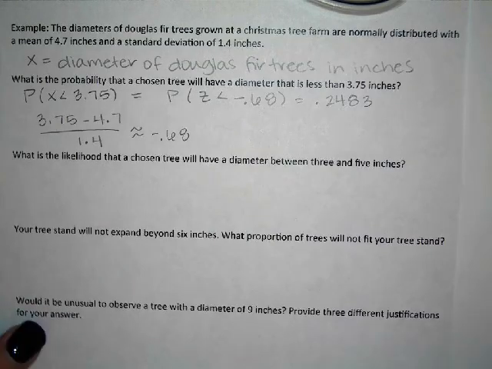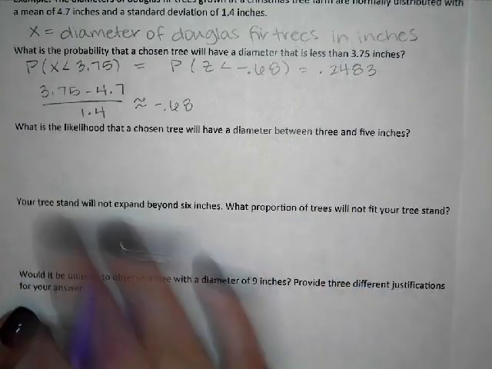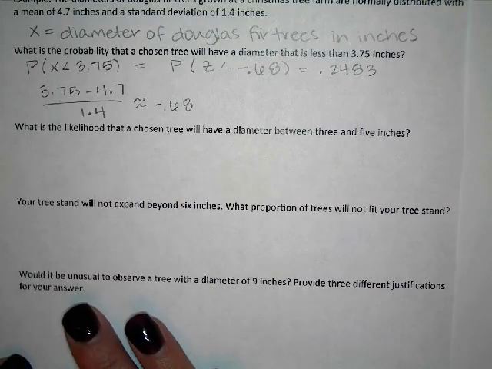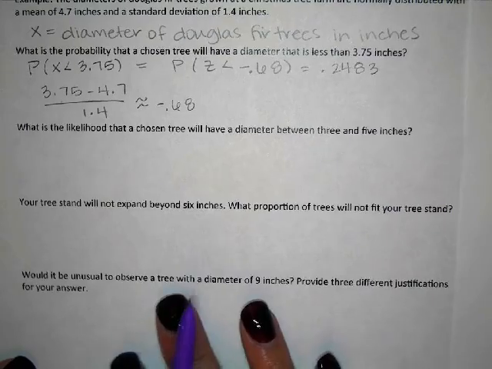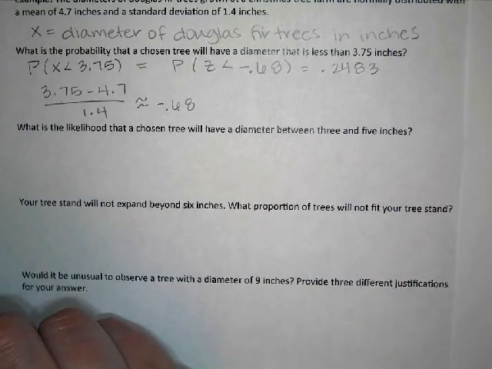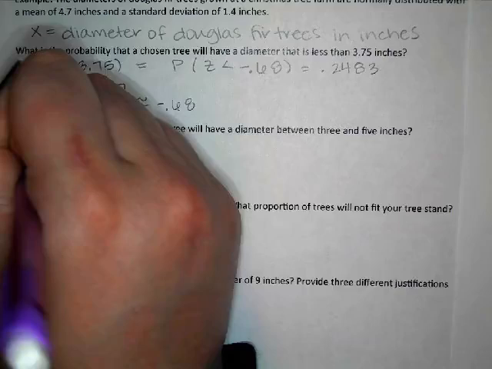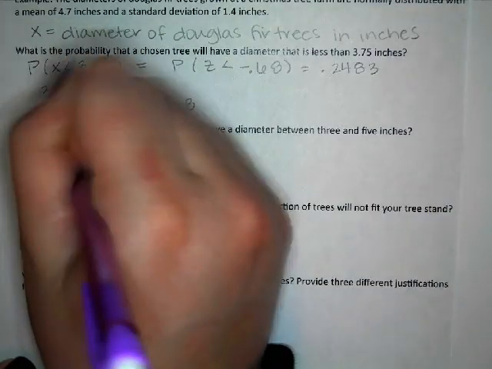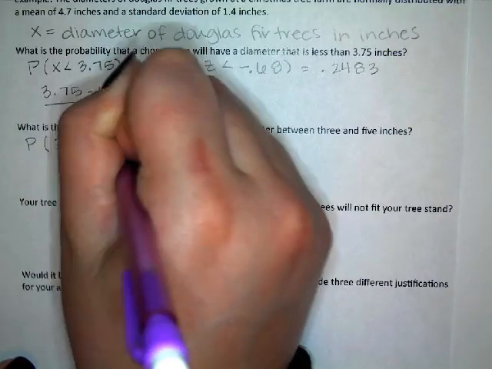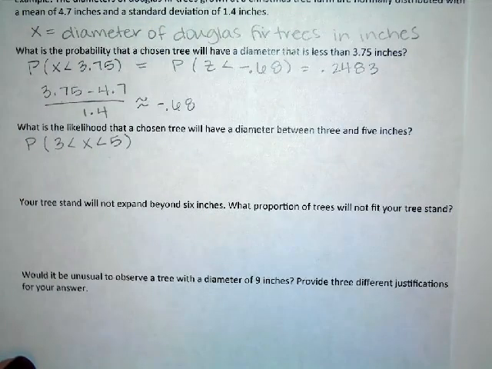What is the likelihood that a chosen tree will have a diameter between 3 and 5 inches? That word likelihood is just another way of saying the probability. So we're going to say the probability that the diameter is between 3 and 5 inches. And so we need to convert those values into Z-scores.